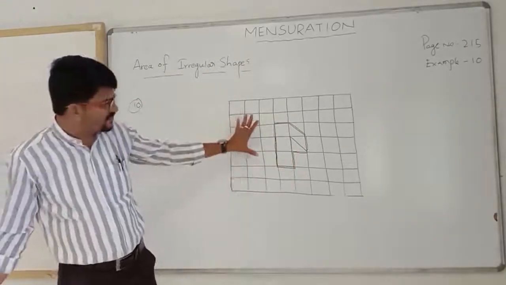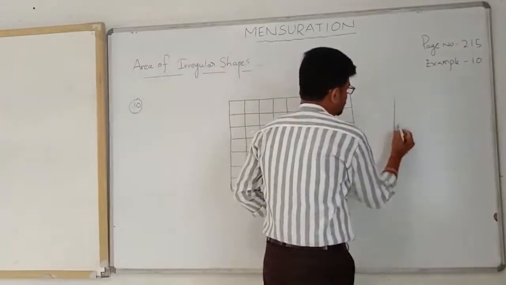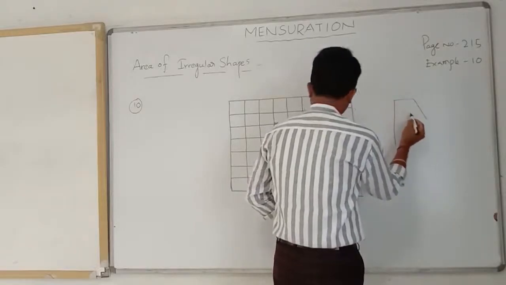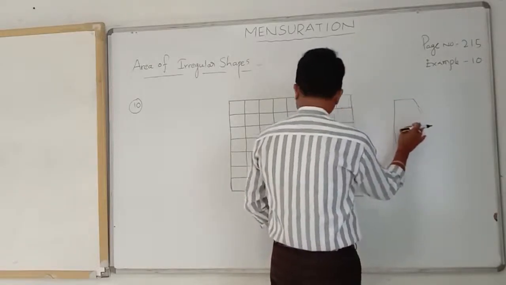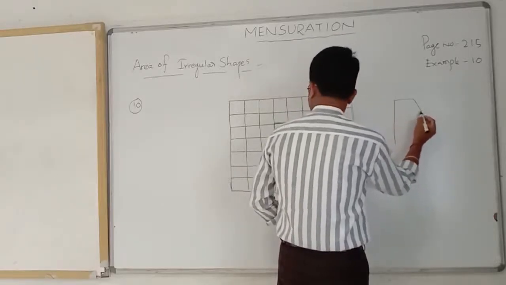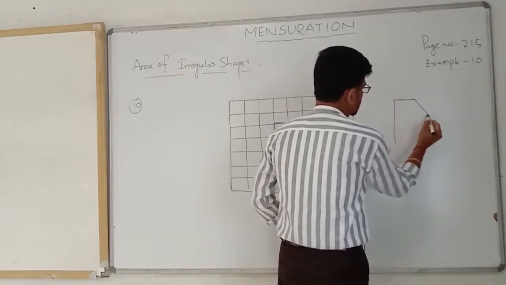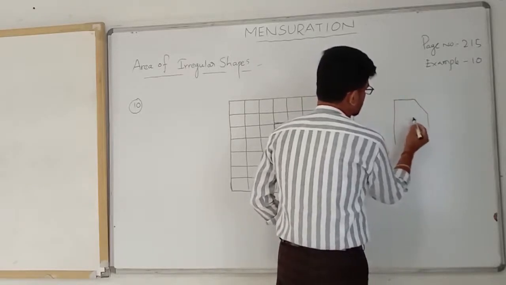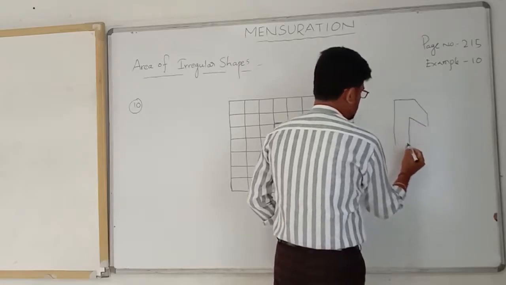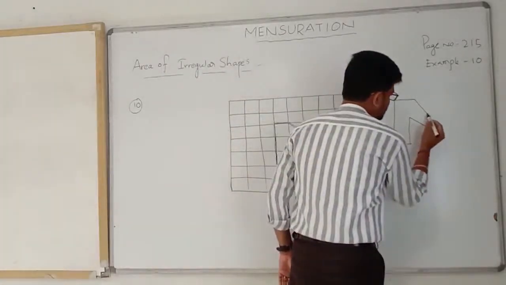Is it clear right now, all of you? Actually, this is the shape given like this. Clear, children?